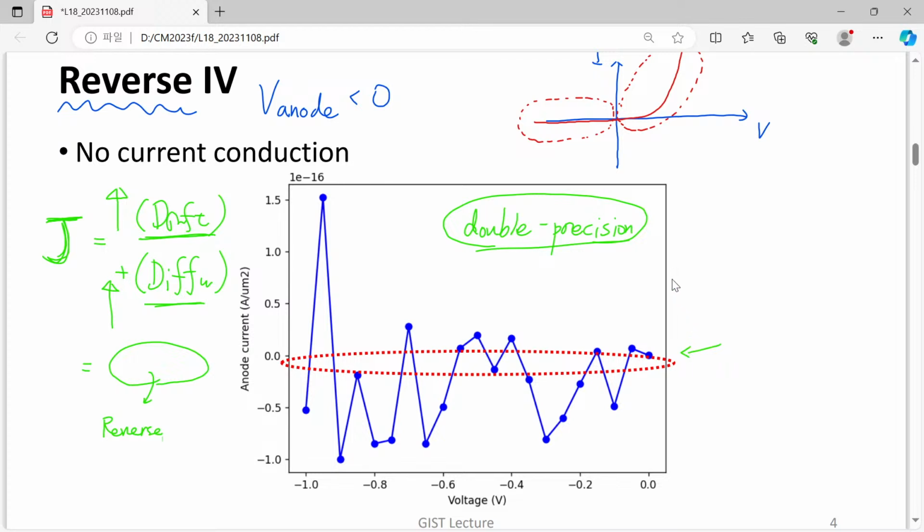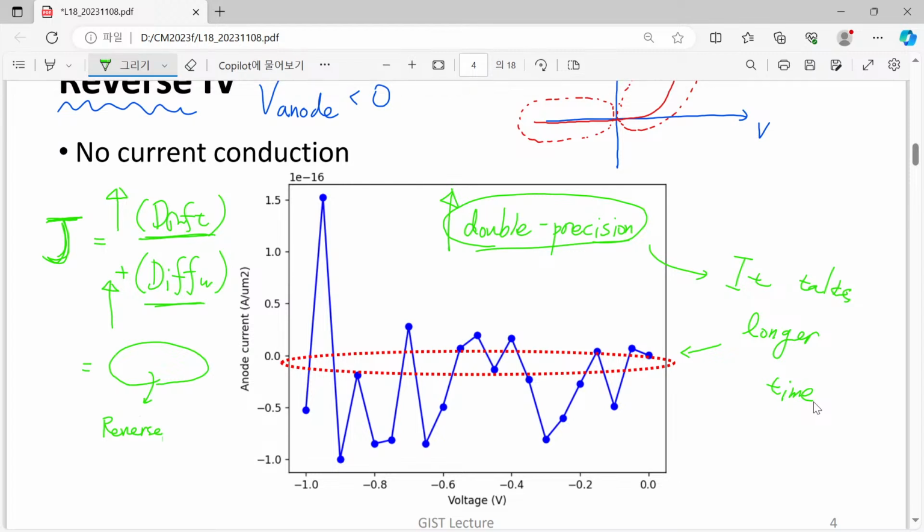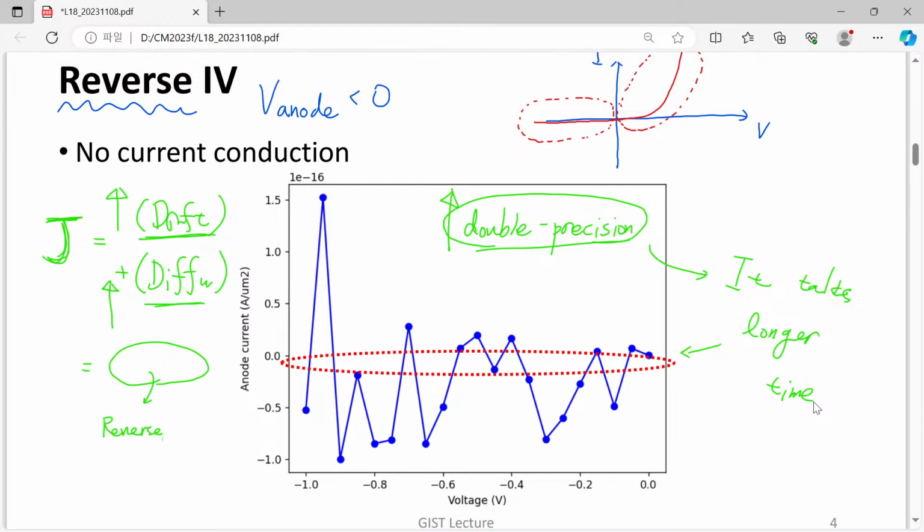But the point is, now it takes quite long. Increasing the precision takes a longer time, because every calculation should be done with much higher precision, so the internal calculation takes longer.